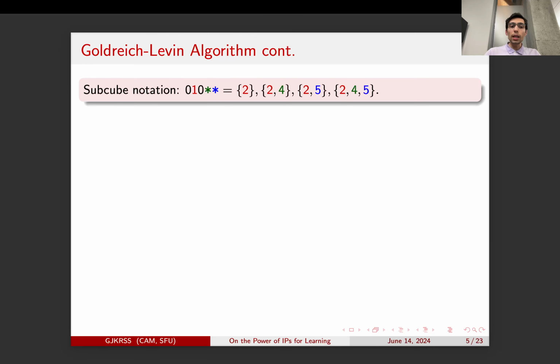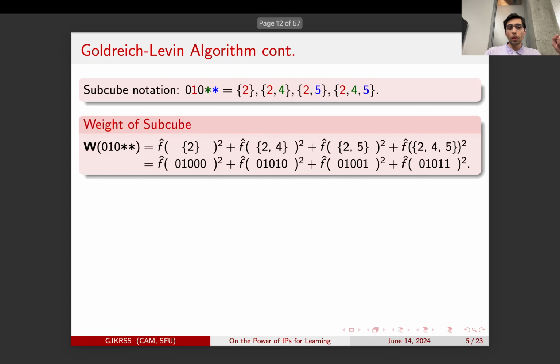To make this more precise, let's say we have this subcube notation. Bits that are fixed are determined either to be in all of the sets or in none of the sets, and bits that are represented by a star will show up in all possible combinations. Then this subcube contains some coefficients.